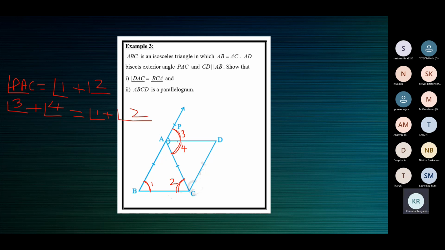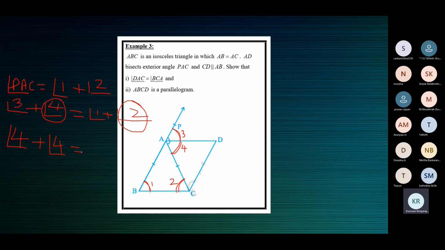Now, we need to prove that 4 is equal to 2. So that means we'll get rid of 3 and 1. We don't want 3 and 1. Now 3 can be written as 4 because 3 and 4 are equal, plus this 4 which is already here.